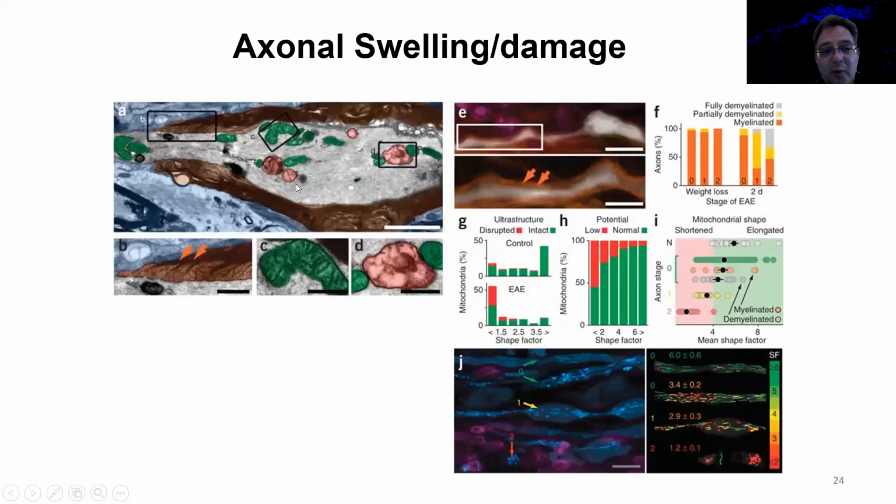And this is what's shown right here, where we see that myelin is slowly becoming stripped away, and we can see that the membrane itself is swollen, and also the axon as well, where the interaction between the myelin sheath and the axon itself is dysregulated.